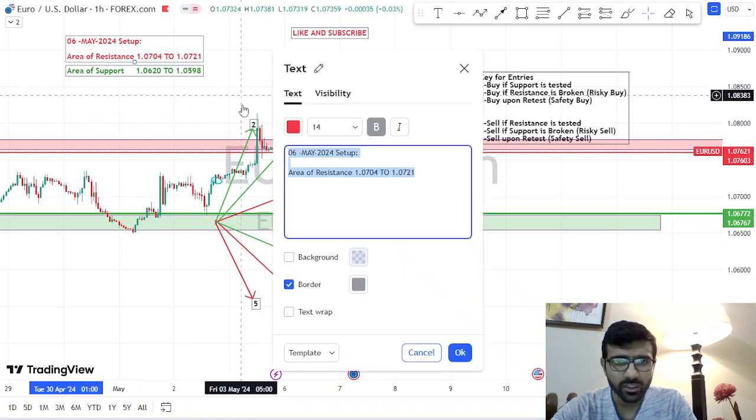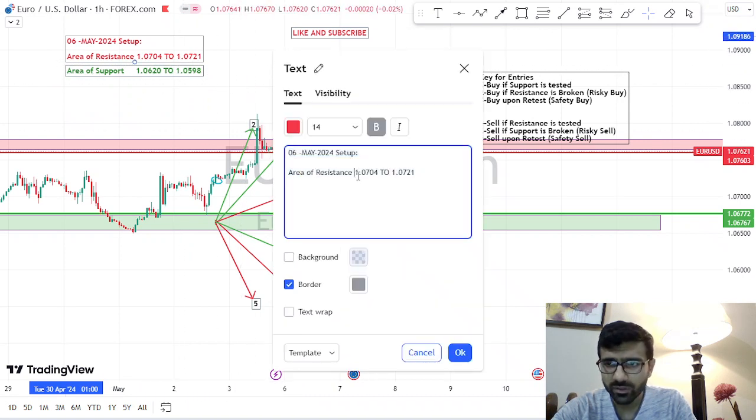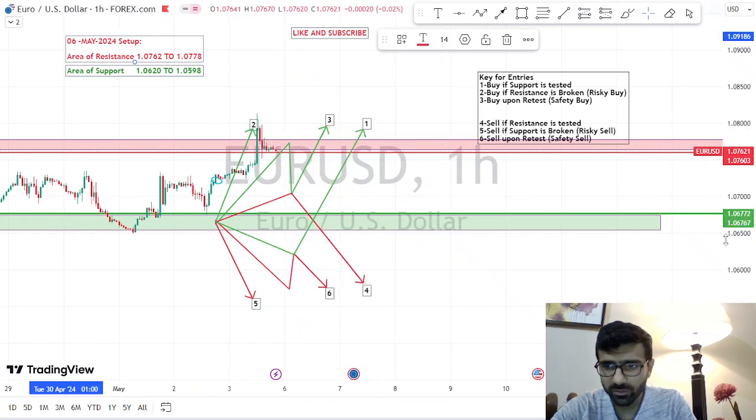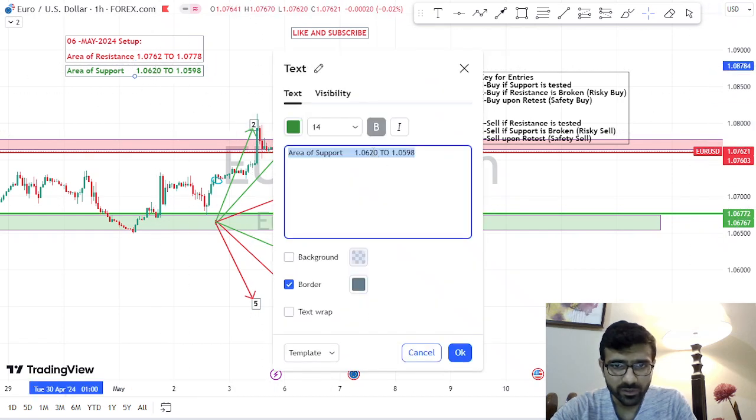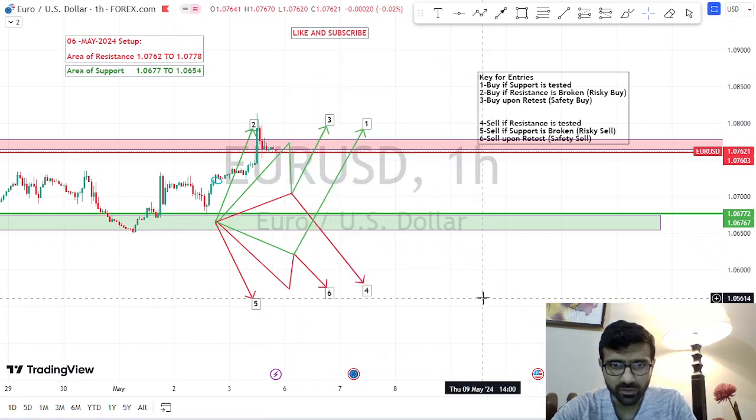Okay, so the new area of resistance will be 1.0762, and the zone resistance will be 1.0778, and the area of support will be 1.0677, and the zone support will be 1.0654.